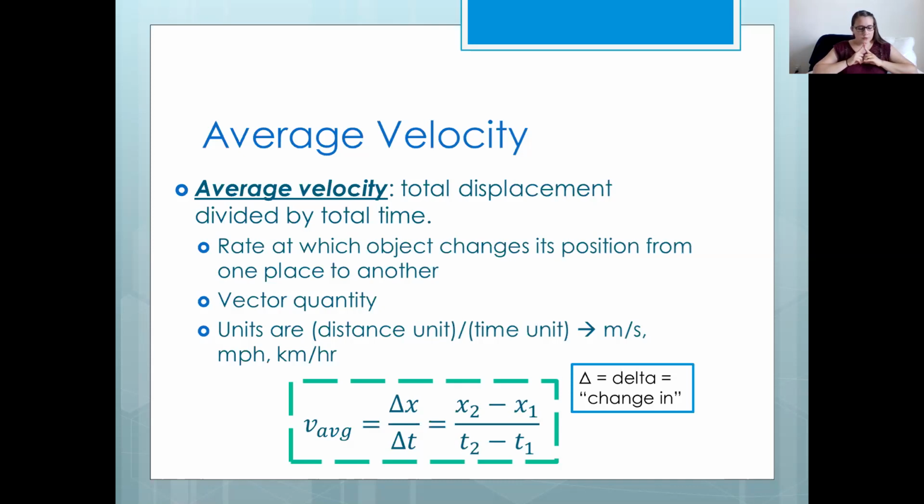Okay. So thinking about a practical example, if it takes 3 hours to drive 300 kilometers to Miami, what's your average velocity? Type it in the chat. If it takes 3 hours to drive 300 kilometers to Miami, what is your average velocity?